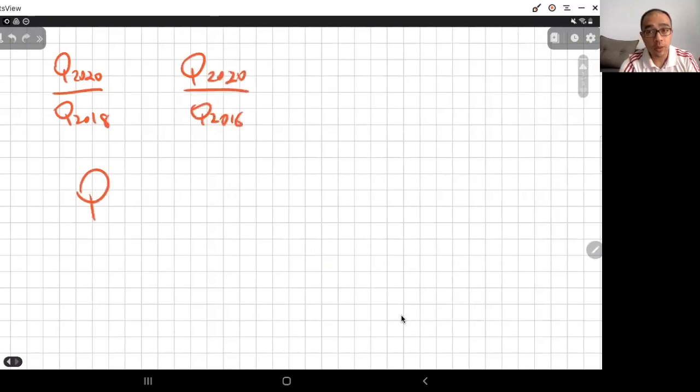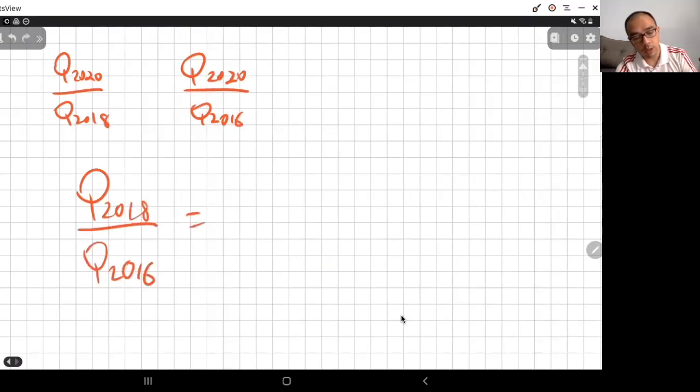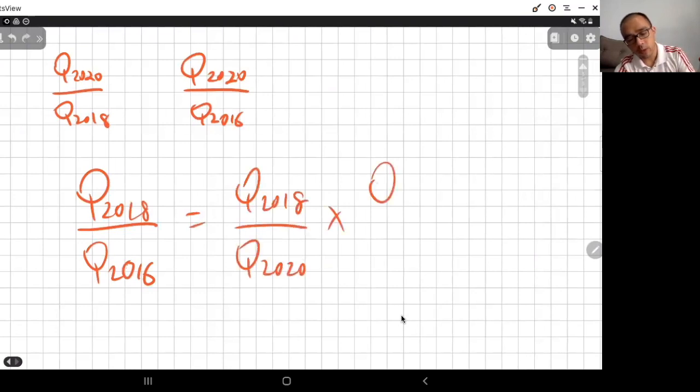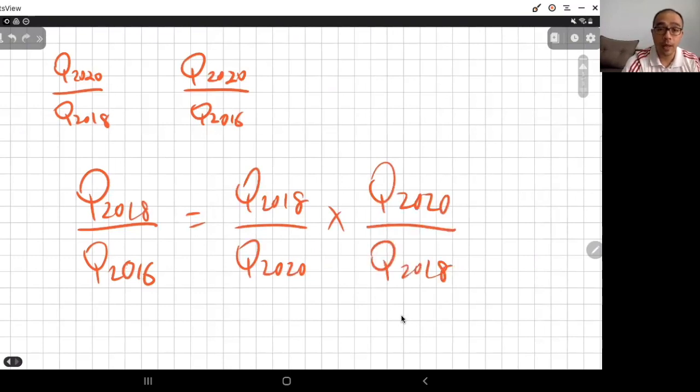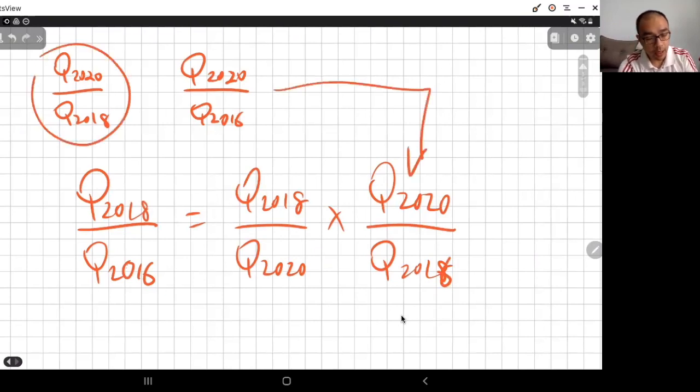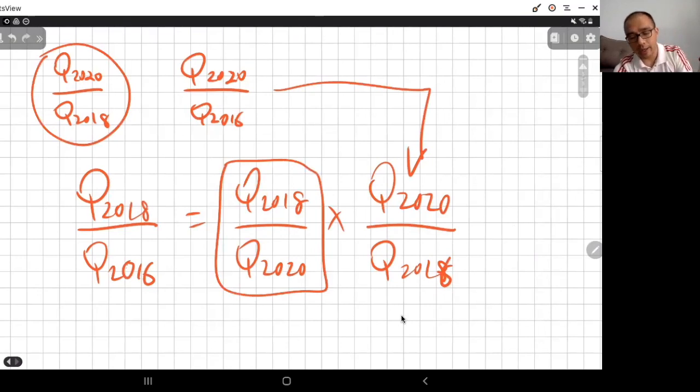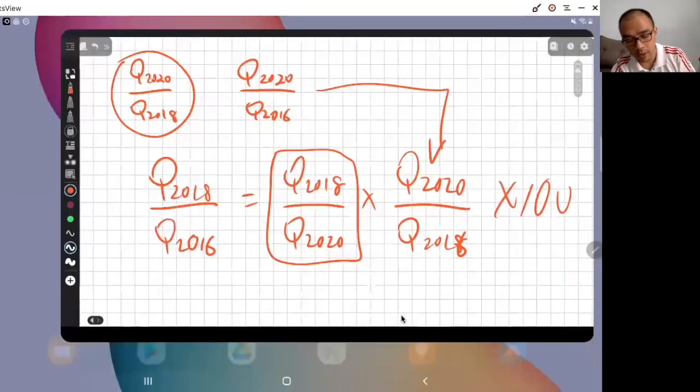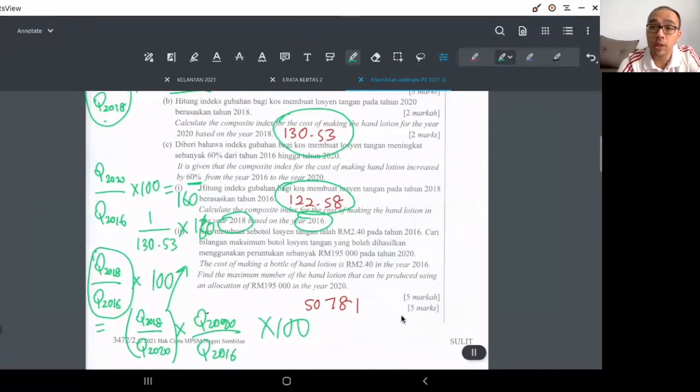So if I want 2018 over 2016, so this would be 2018 over 2020 times 2020 over 2016. So this one you can ganti terus, tapi ini, because this is terbalik, you have to terbalik lah. Okay, and then since there is an element of terbalik, you have to times by 100. Okay, and you should be able to get this answer 122.58.